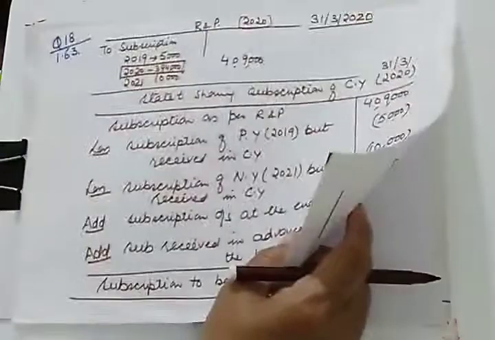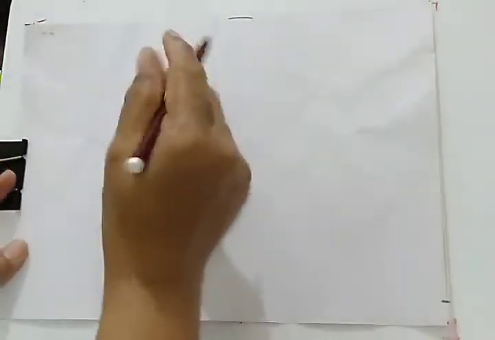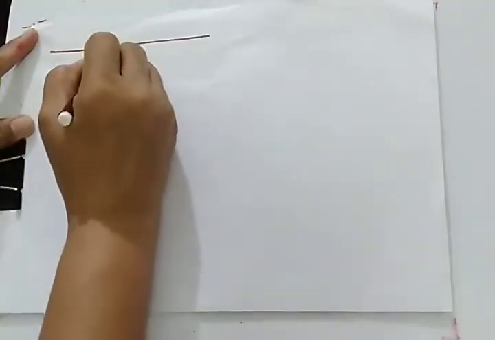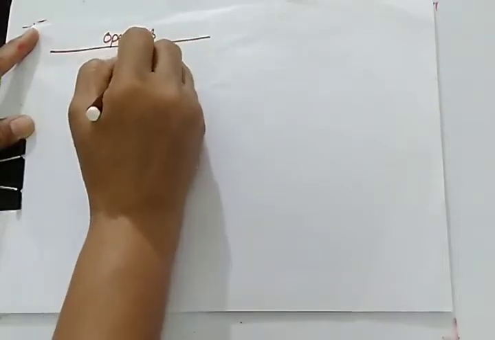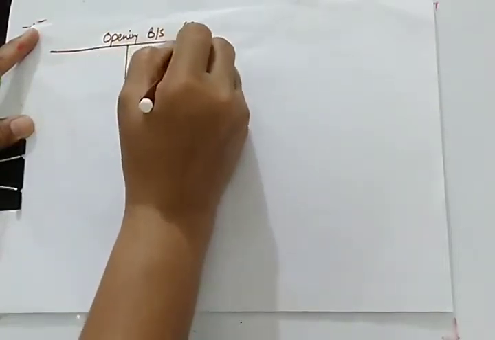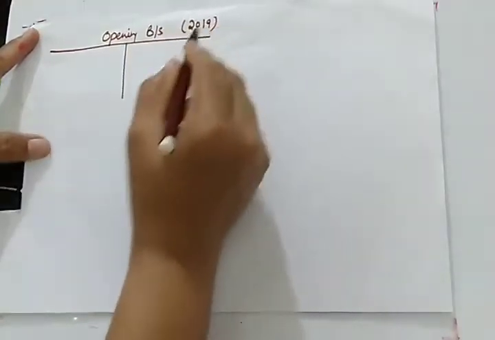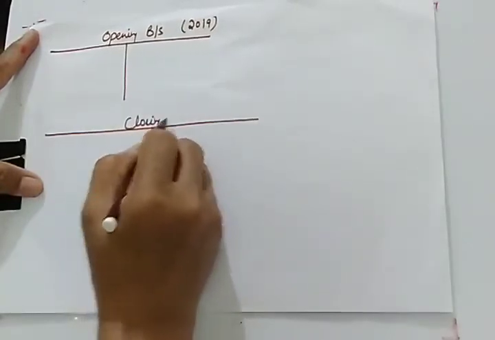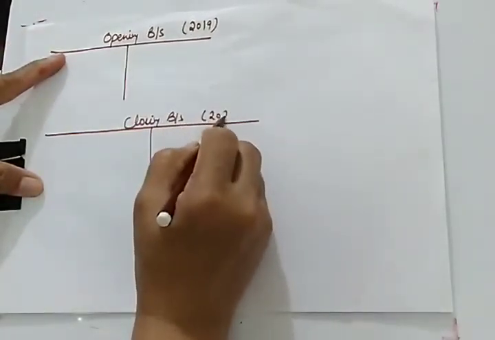Let us show this in the balance sheets also for more clarity, because sometime they can ask for the balance sheet. So this is my opening balance sheet. Opening balance sheet means balance sheet for 2019, year ending 31st March 2019, and this is my closing balance sheet, means current year's balance sheet.